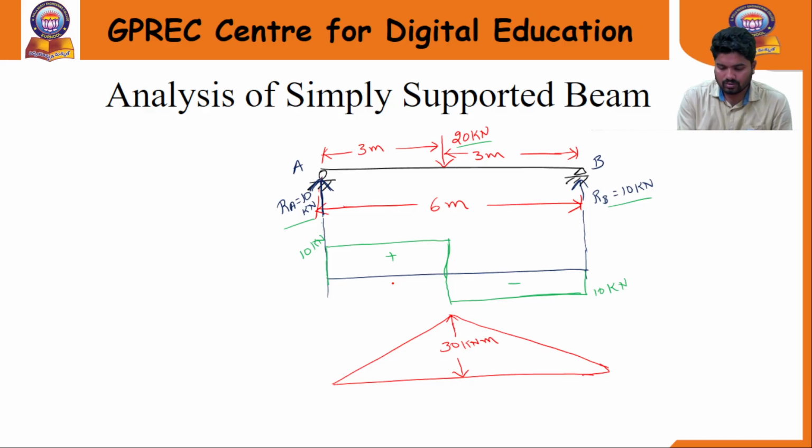So 10 into 3 meters gives 30 kilonewton meter. This is the shear force and bending moment diagram we can get in the ETABS software too. So let's start the analysis of the simply supported beam with this example by using the ETABS software.